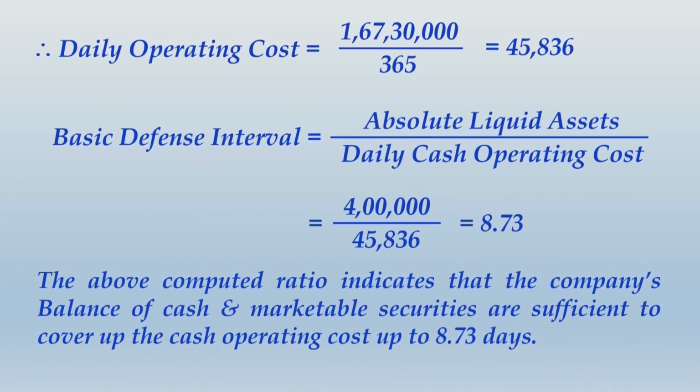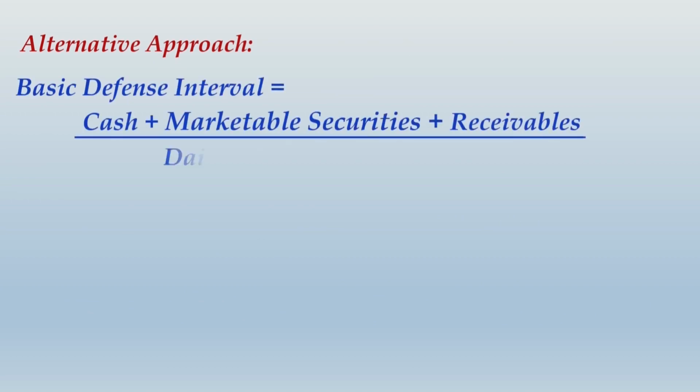Time for us to move ahead and discuss the alternate approach for applying basic defense interval. So let us look into this alternate approach. Over here, one change to be understood is in the numerator: apart from including the absolute liquid assets, which are the aggregate of cash and marketable securities, you should also consider receivables.